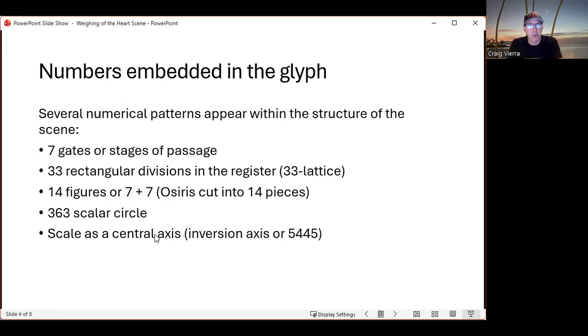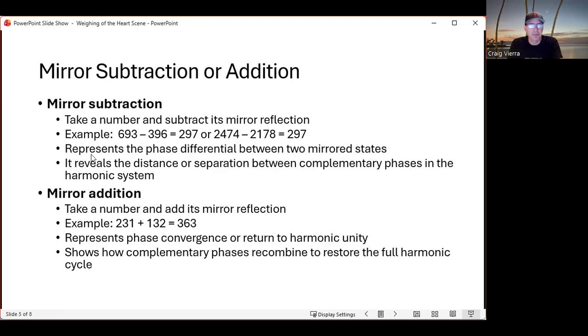So let's continue on here a little bit further. Okay, so when we start to look at this, I did have a whole other video on mirror subtraction and mirror addition. So I just want to recap it here so that those that haven't seen that video will be able to track what I'm doing when I'm pulling these numbers. So first, let's talk about mirror subtraction.